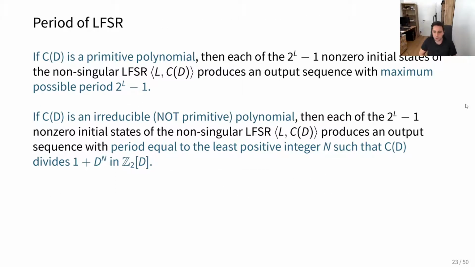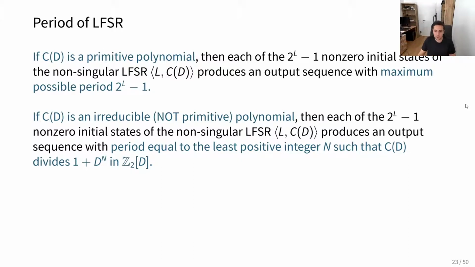Okay, so again, period of LFSR: if the connection polynomial, the polynomial which defines this LFSR, is a primitive polynomial, then each of the 2 to the power of L minus 1 non-zero initial states produces an output sequence with the maximum possible period, which is 2 to the power of L minus 1. In other words, each of the possible non-zero states is actually produced.